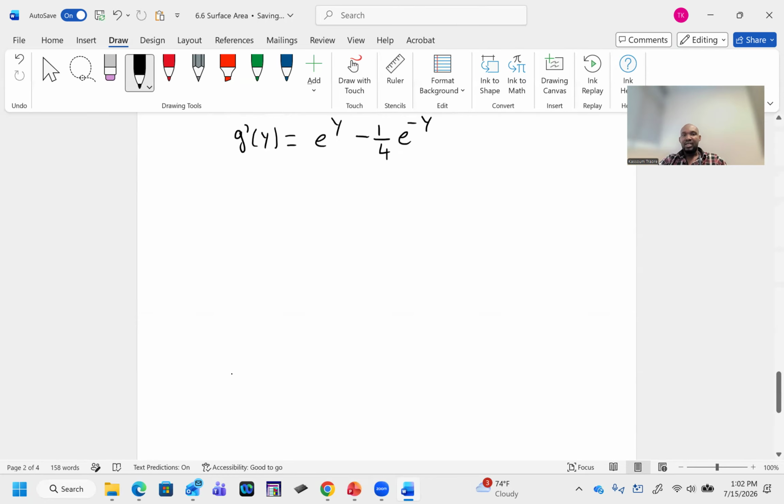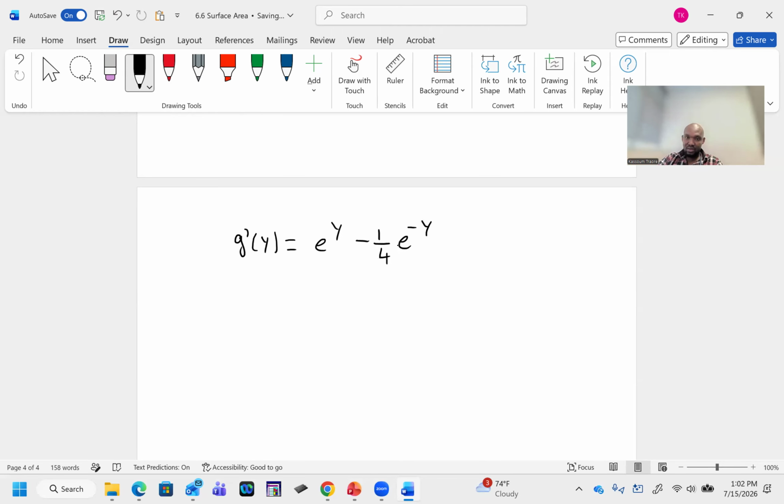And we can see that it is continuous on that interval. So that is my area of integration.